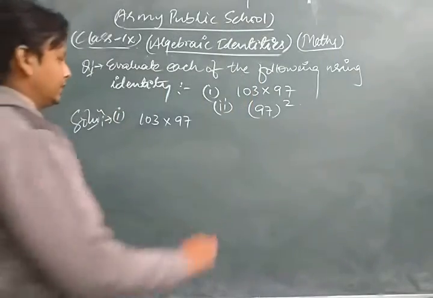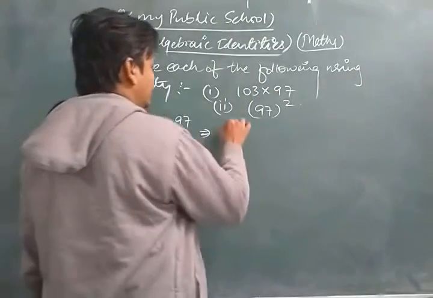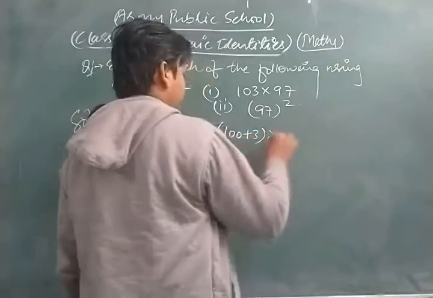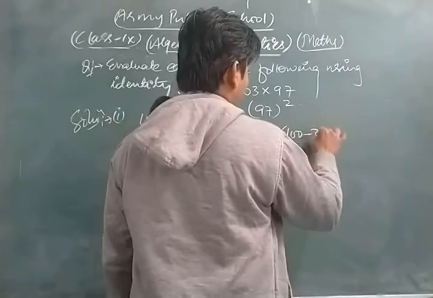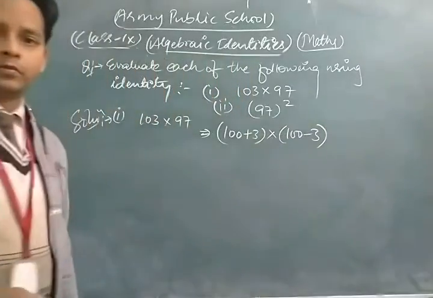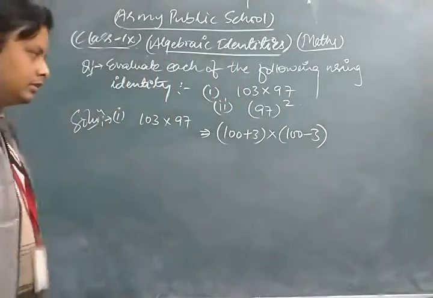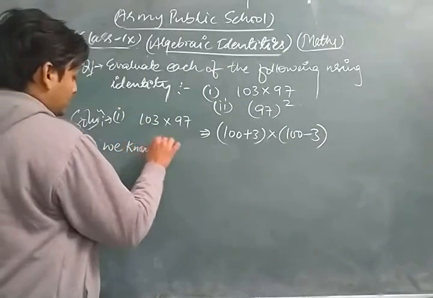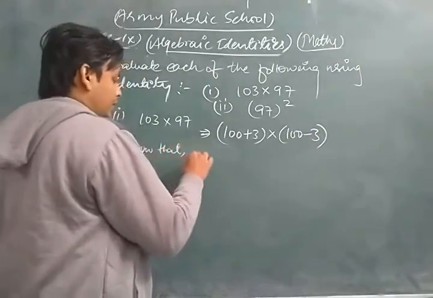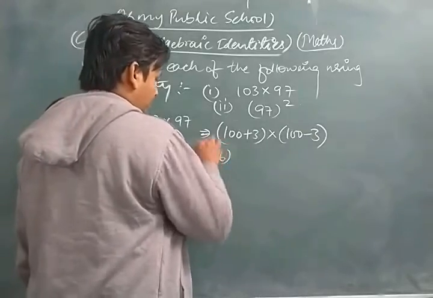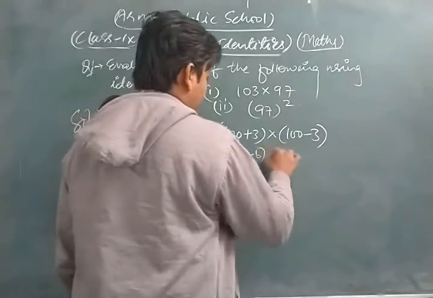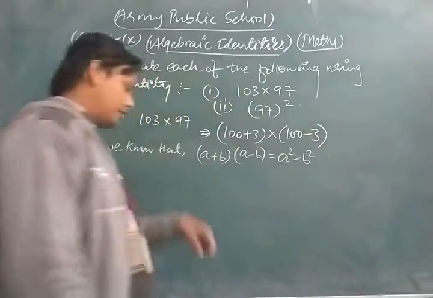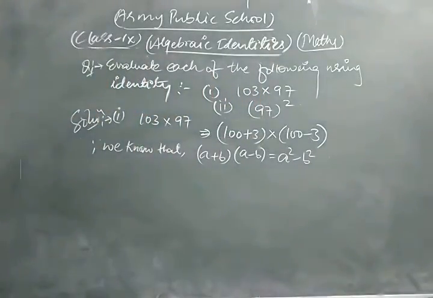So first of all we can write 103 as 100 plus 3, into 97, which we can write as 100 minus 3. Okay, and now since we know that (a plus b) in one bracket and (a minus b) in one bracket is equal to what? a square minus b square.